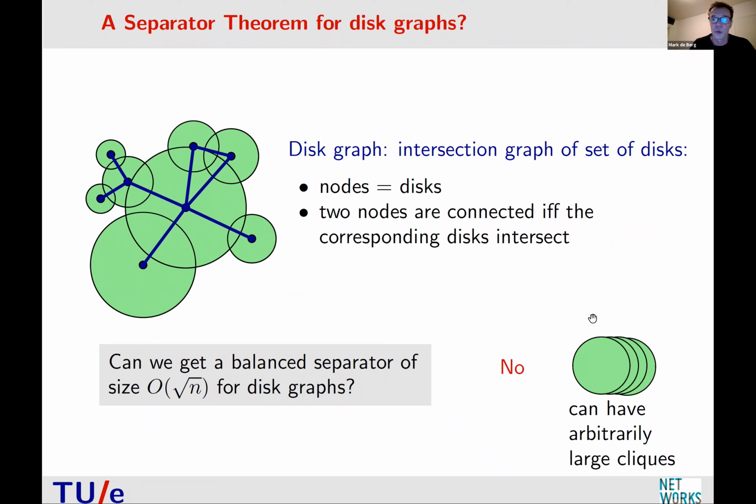I can just put all the disks on top of each other, and then there's no way to get a separator that is small and that separates the graph into two balanced pieces. So it seems that if you want any kind of sub-exponential algorithms for disk graphs, you're going to need a different mechanism than using separators.